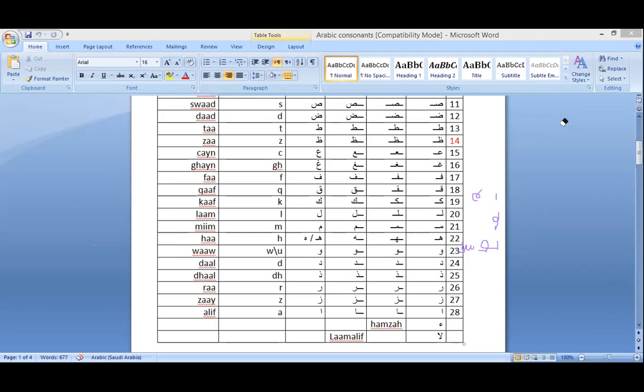Ya also has dots in it, doesn't it? Yes, it has dots.